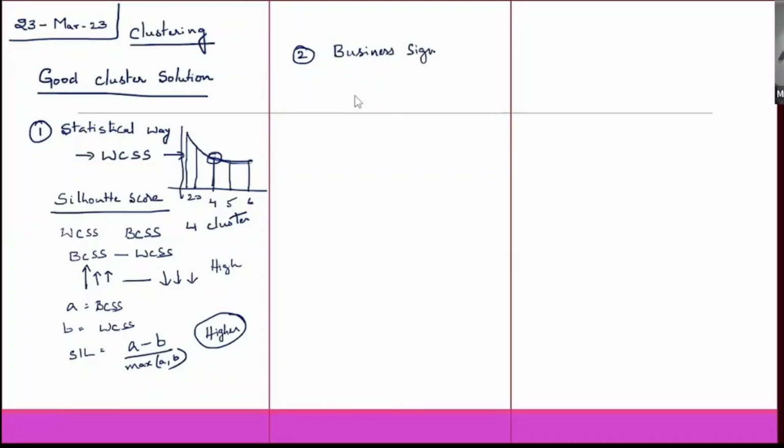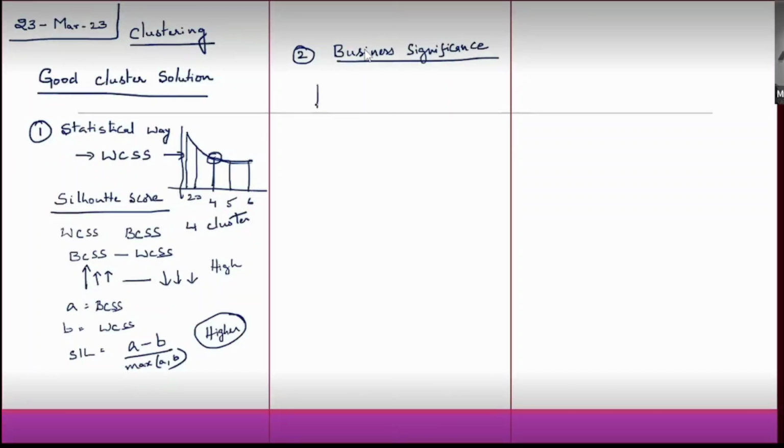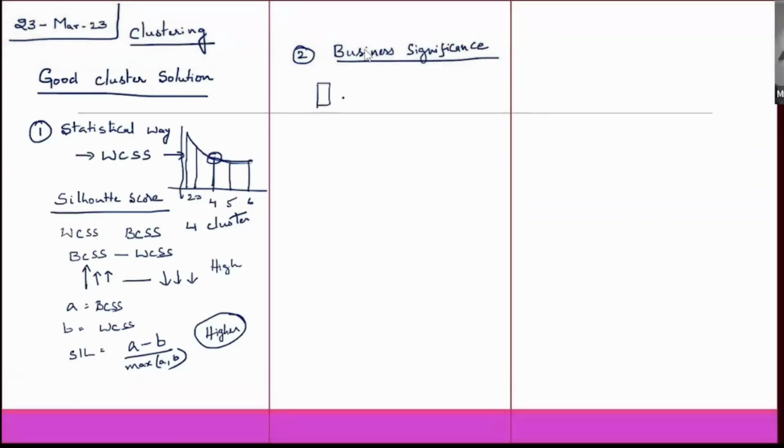What are we saying from a business significance perspective? Okay, I have formed 2 clusters or 3 clusters. For each of the clusters, can I see any significant difference in the proportion of the frauds that they have committed?